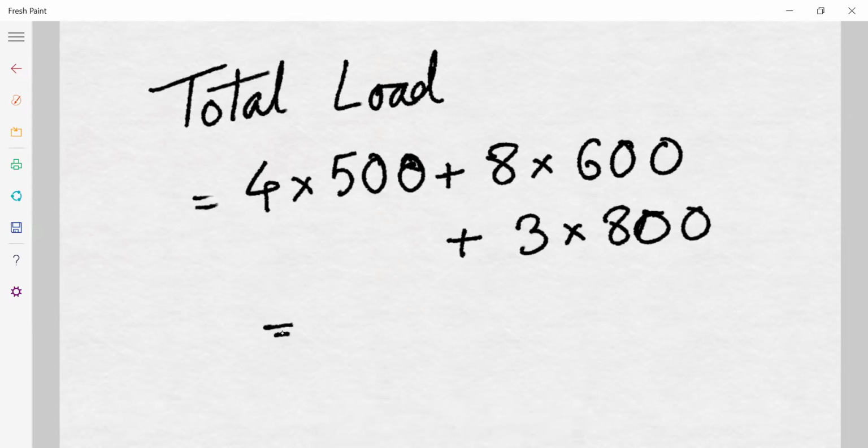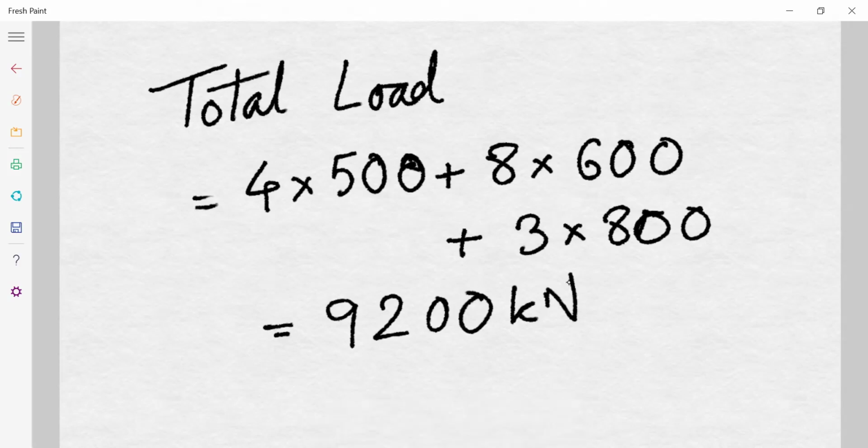So all total, if I calculate how much it will become, just check it. 4 into 500 plus 8 into 600 plus 3 into 800. It is 9,200 kilonewton. So that is the load that is falling.